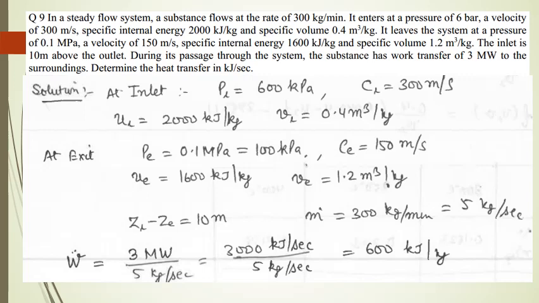Now the work transfer has to be expressed in terms of kilojoule per kg, as the steady flow energy equation says that every term should be in kilojoule per kg. The work transfer has been given as 3 megawatt, that is 3000 kilowatt. So dividing it by the mass flow rate, that is 5 kg per second, we get work transfer in kilojoule per kg, and the value is 600 kilojoule per kg.